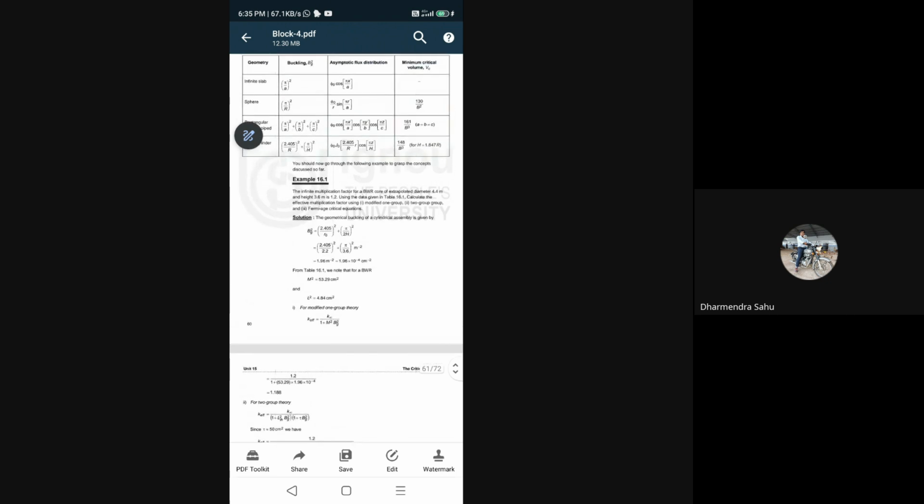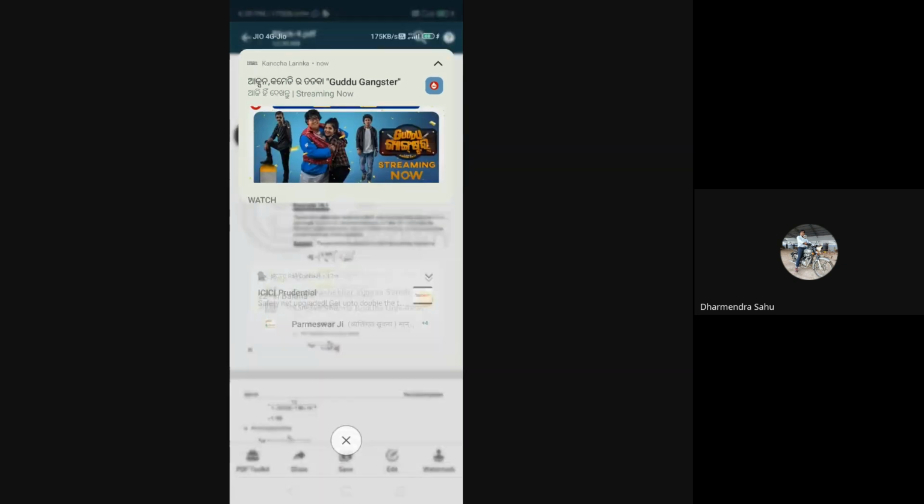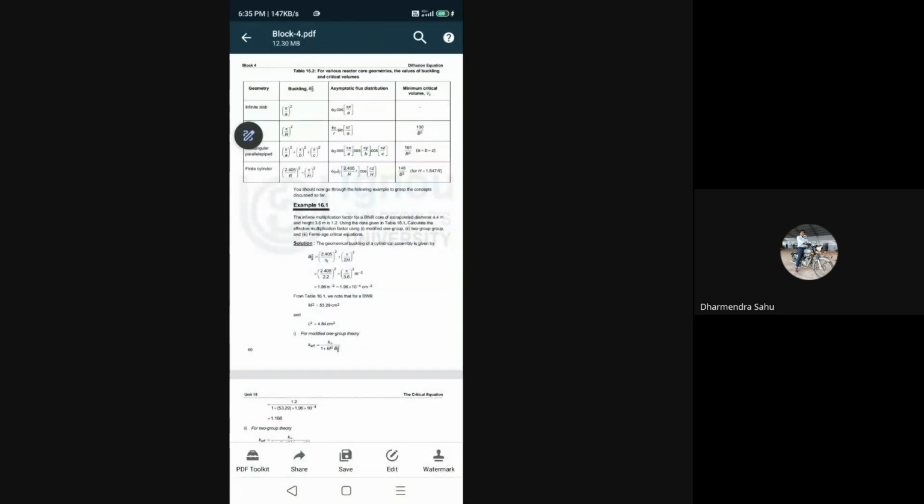It is given that Bg square is equal to (2.405 by r0) square plus (pi by 2h) square, for a finite cylinder. For the finite cylinder, your buckling is equal to (2.405 by r) square plus (pi by h) square.